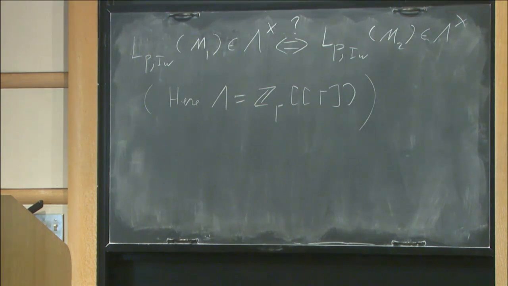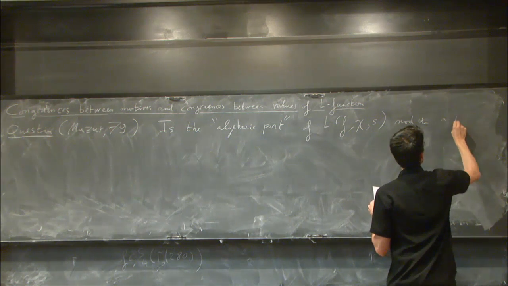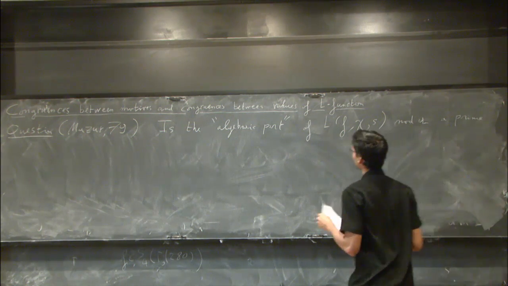Is the algebraic part, and he puts it between scare quotes, of the L function of an eigencusp form twisted by a Dirichlet character evaluated at some integer, modulo A, and that is a prime ideal of the Hecke algebra.